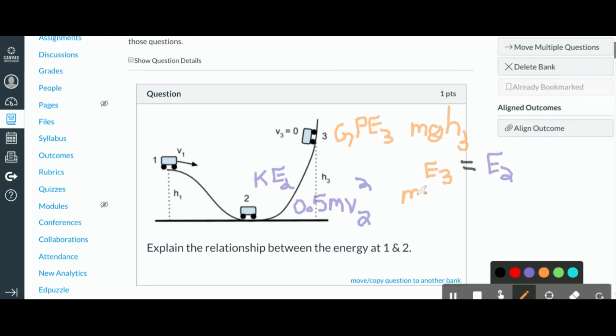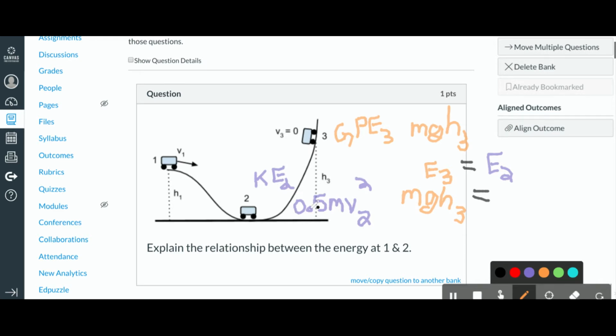And that's how I determined the location. And I figured out the relationship between the energies. And then I actually identified what type of energies are here. So that lets me substitute in gravitational potential energy, which is only affected by mass times gravity times height at 3. And then here at the bottom, it's only kinetic energy.